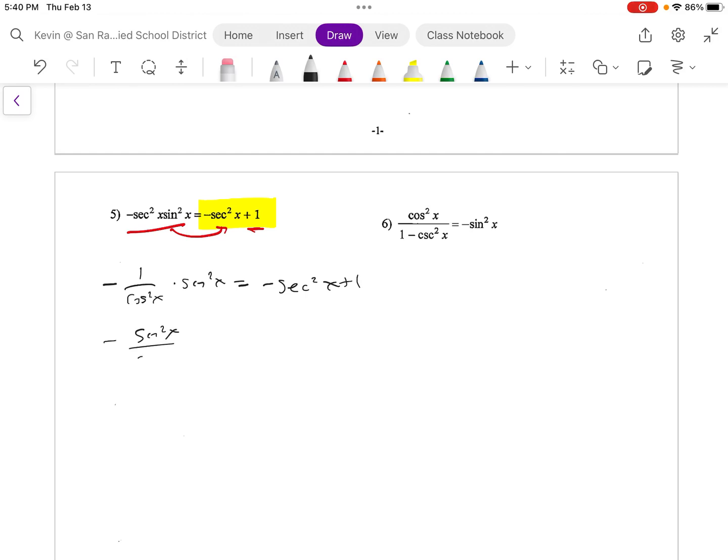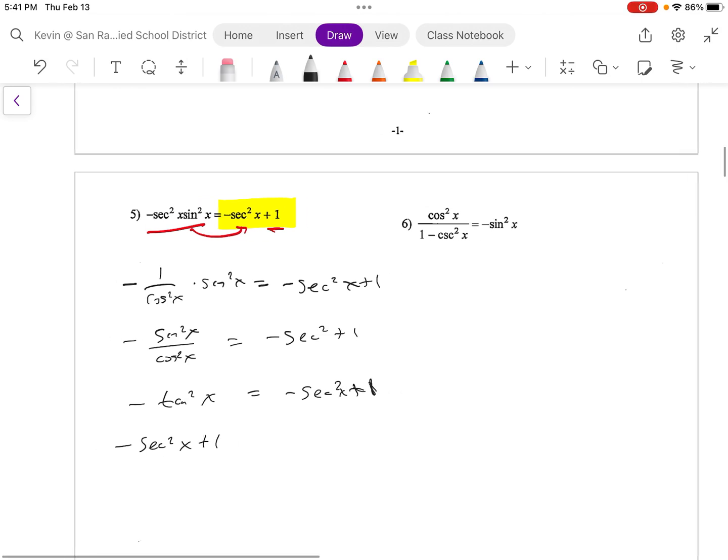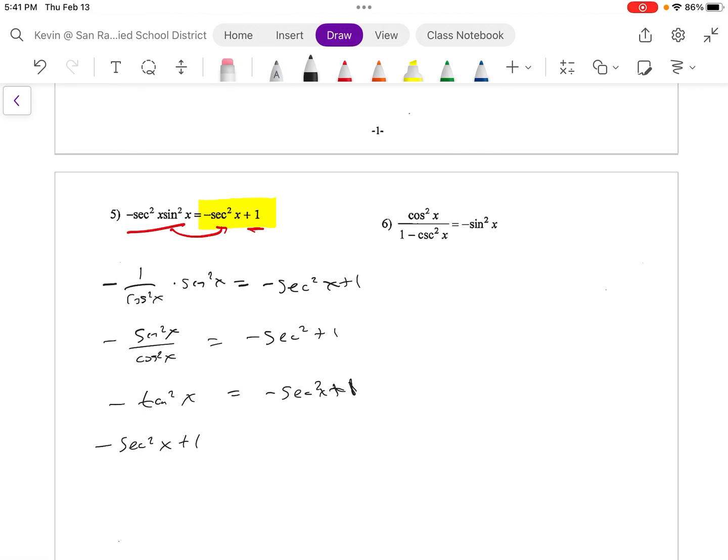So this is negative sine squared x over cosine squared x equals negative secant squared plus 1. This would be negative tangent squared x equals negative secant squared x plus 1. And you can either trust me on it or look at your Pythagorean identity. I don't have them written out right now, so that equals that.